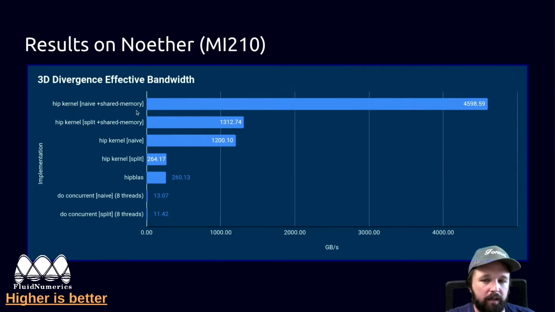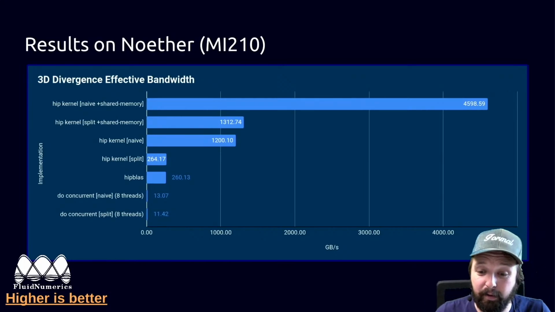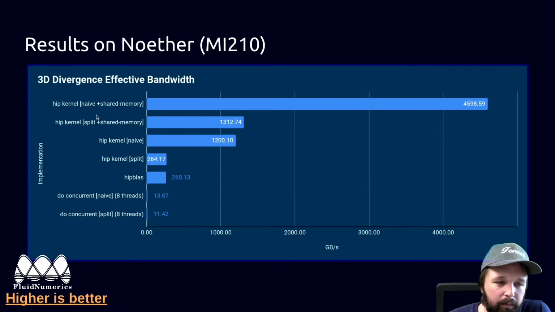Now our HIP kernel using shared memory, you can see we're well above that from our effective bandwidth measurements at 4.5 terabytes per second. That is particularly because we are using shared memory, but I guess it's not a fair measure because most of our operations are done out of shared memory at that point.